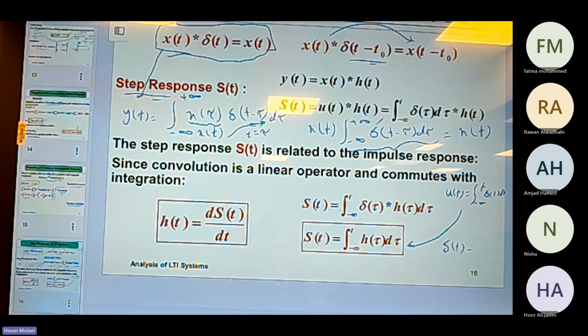Delta(t) is the derivative of u(t), so the impulse response is the derivative of the step response. Why is it happening?